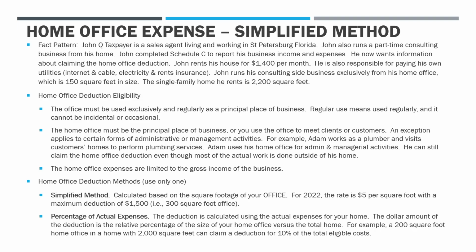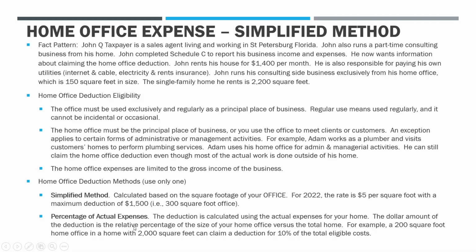So in other words, you can't have a home office bigger than 300 square feet. They won't let you deduct that much. But obviously, this is appealing because you don't have to track rent, utilities, allocations of insurance, all that kind of stuff. You just say, well, my home office is X square feet, multiply by $5, and that's my deduction.